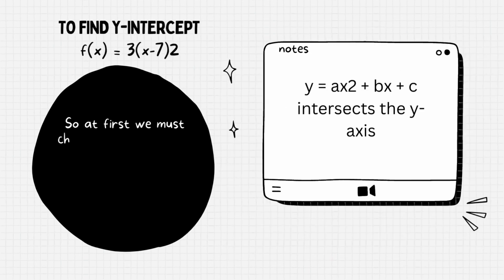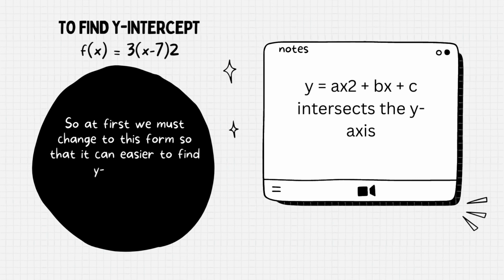To find the y-intercept, at first we must change to this form so that it is easier. Since the function f(x) equals 3(x minus 7) squared is not the form that we need, we must change to this form first.